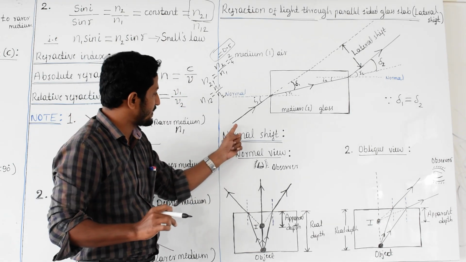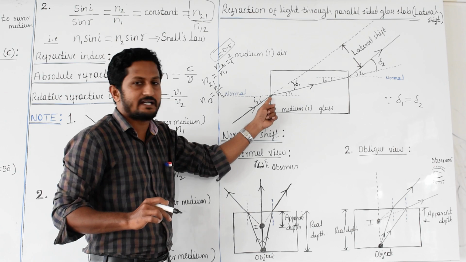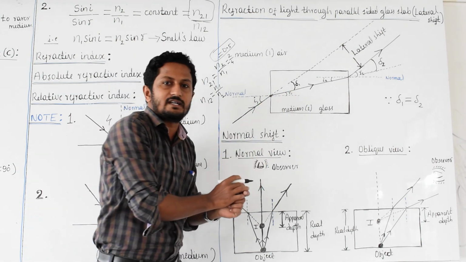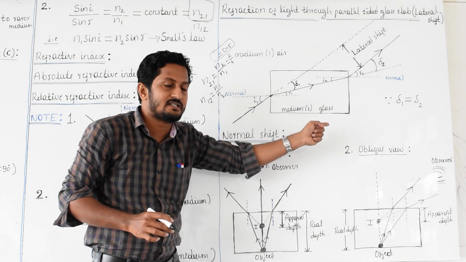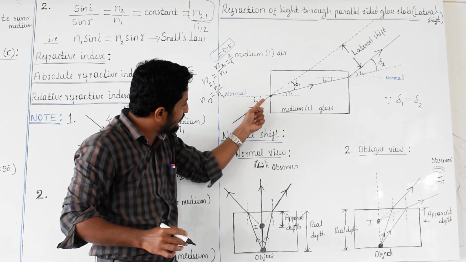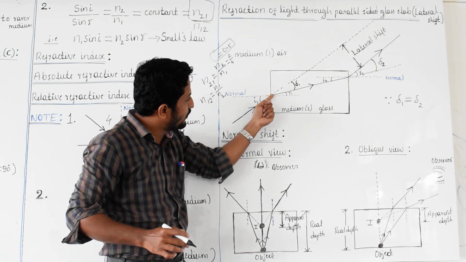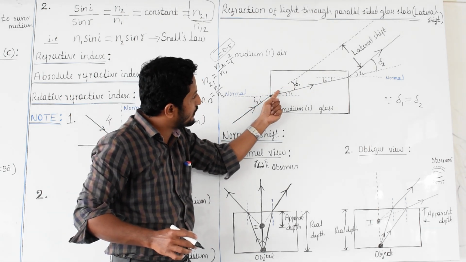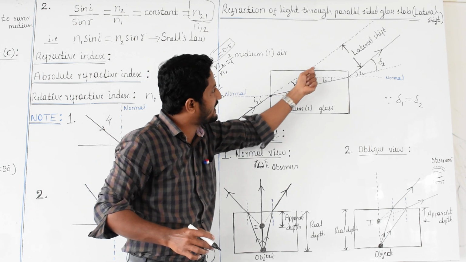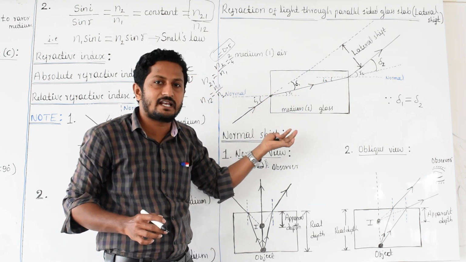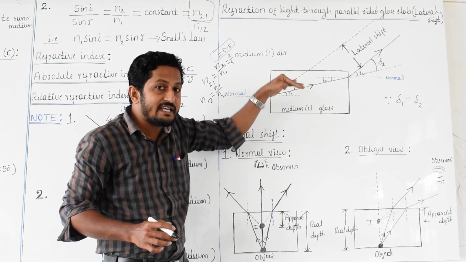That is very important. This is the incident light. It got incident here. Now it is moving in the glass. Instead of moving along this initial direction, that light ray changes its direction, it bends inward.